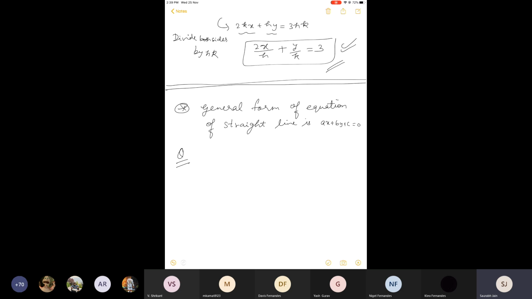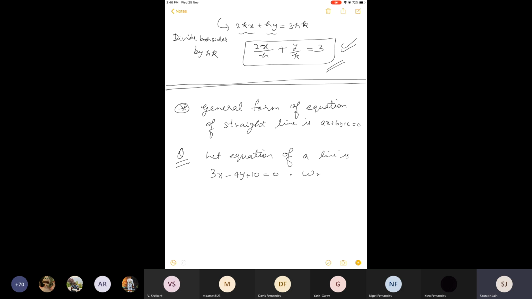Suppose the question is: let the equation of a line be 3x minus 4y minus 10 equal to 0 plus 10.